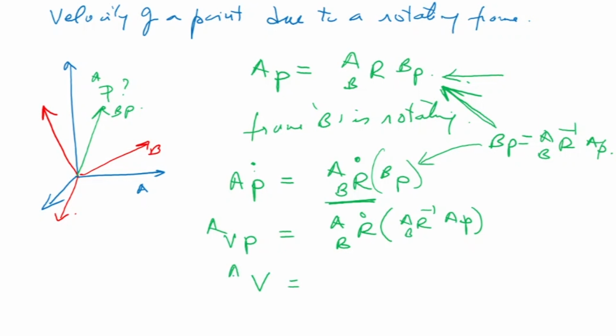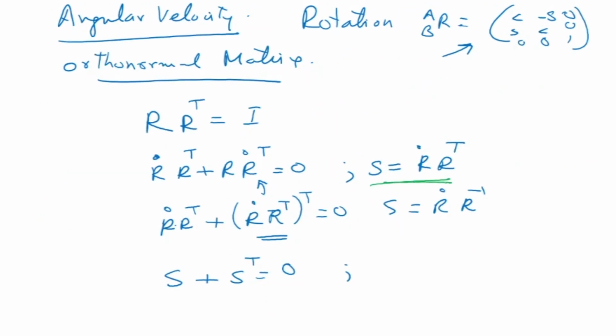So VAP, the velocity of the point P, is equal to this matrix, which is the S matrix, S into AP. So this matrix R dot into R inverse is equal to S. R dot into R transpose or R dot into R inverse is the same thing.